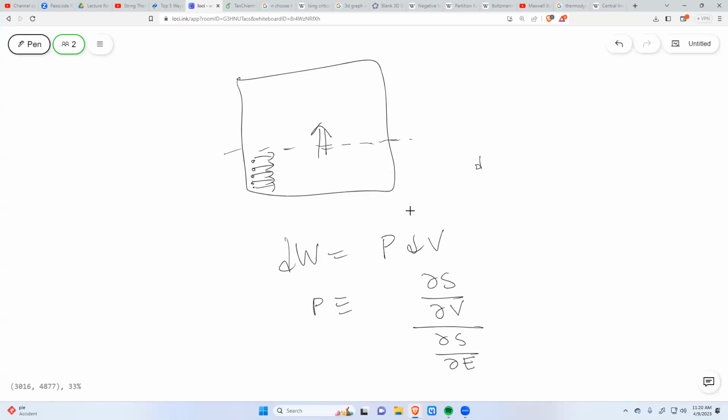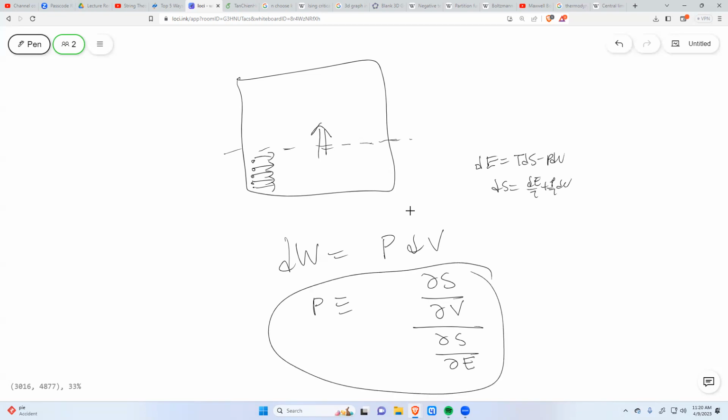Well, because dE equals TdS minus PdV, and so basically, we can assume that they defined it as so.